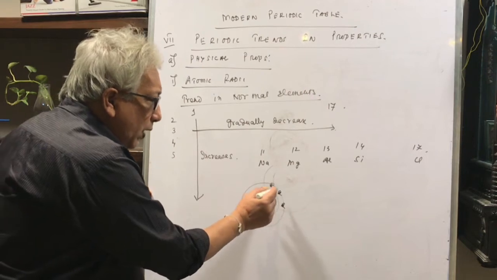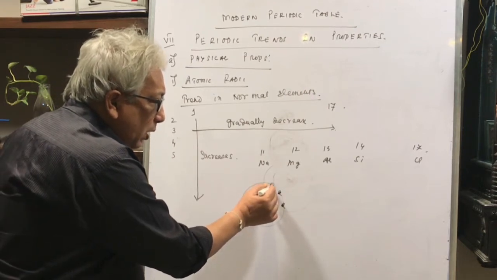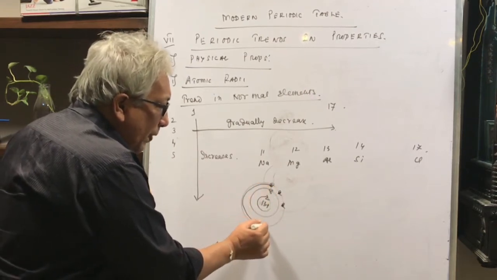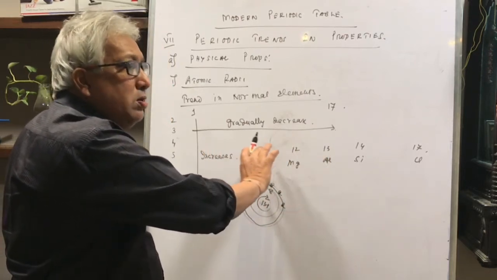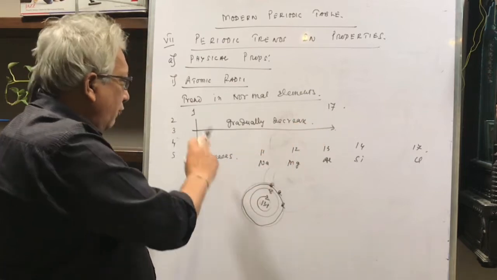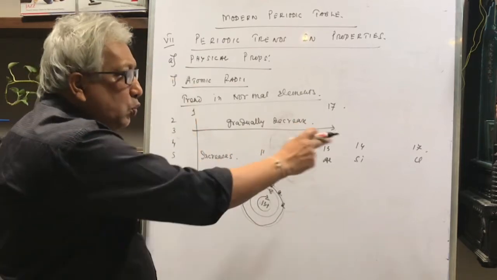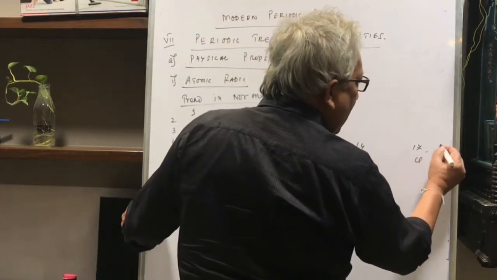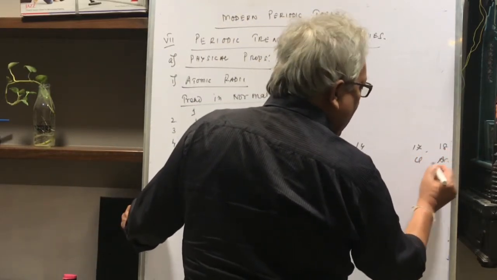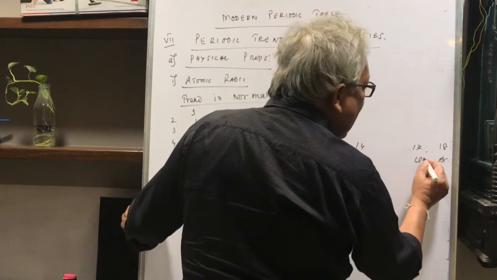The outermost shell which should have been here becomes a little closer, and that means the size of the atom, or atomic radius, gradually decreases from group 1 to group 17. But from group 17 to group 18, you will find that it again increases.